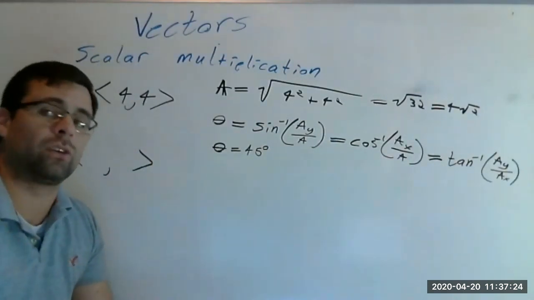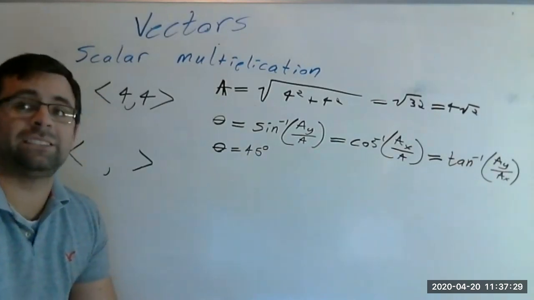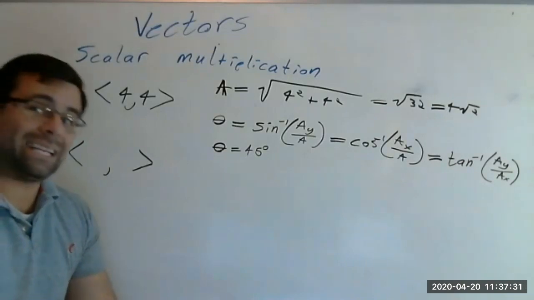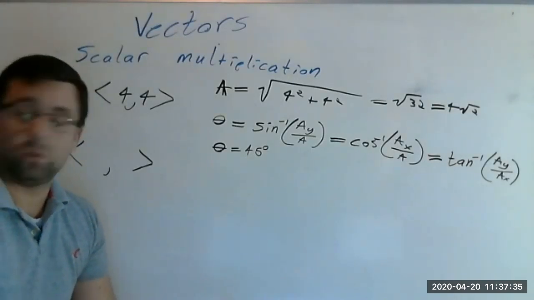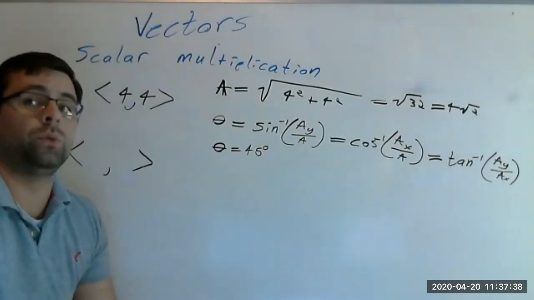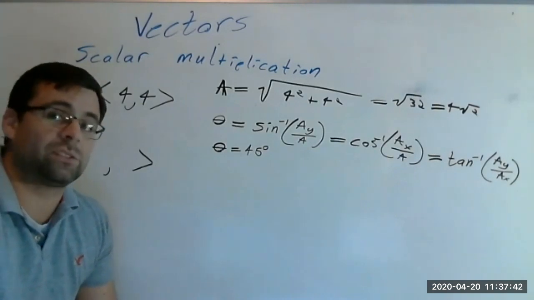That means that AY over AX is the same amount. In this case, it's 1. But the magnitude is twice as much. So the way you do the magnitude twice as much is if each side is twice as big.